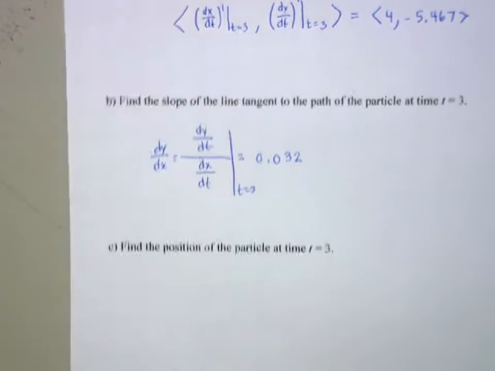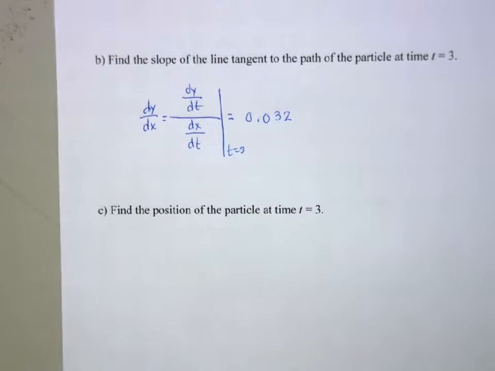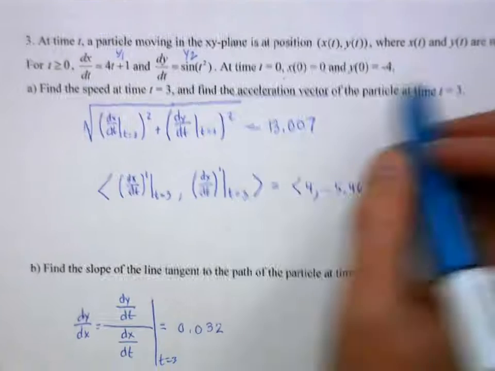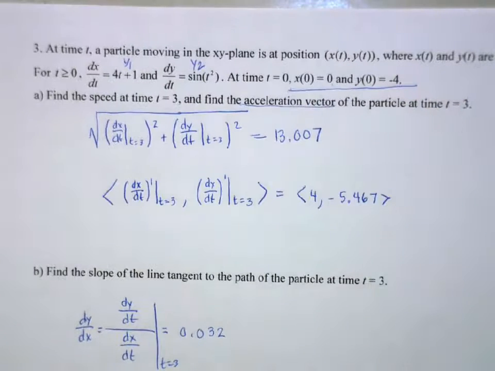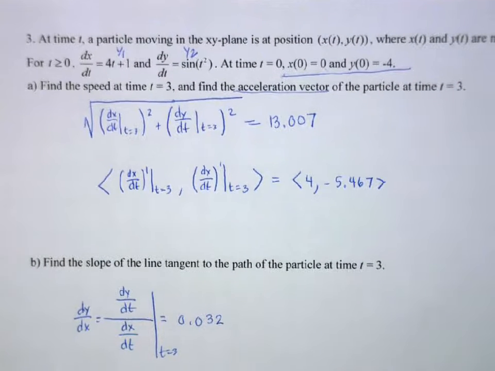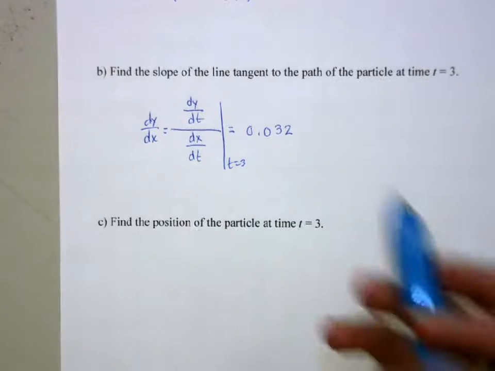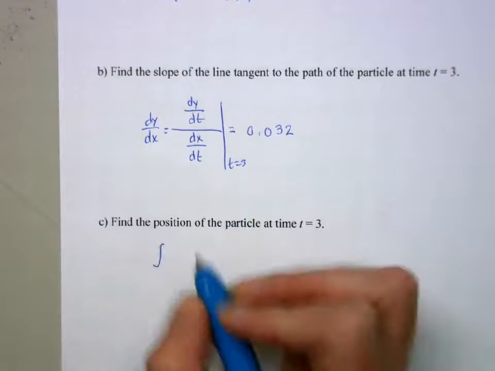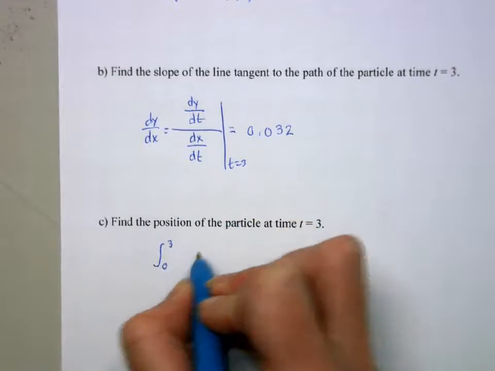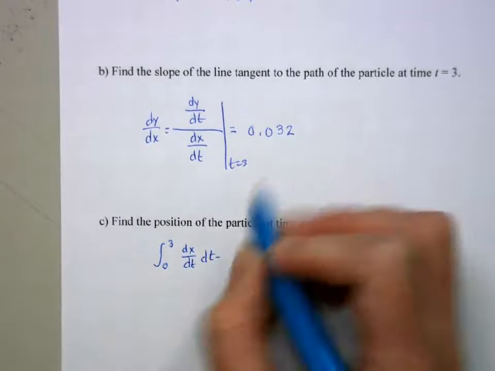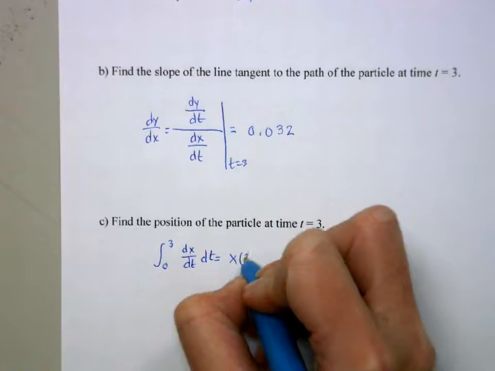And then finally, the position of the particle at t equals 3. Well, we're going to have to use our initial condition and the fact that we have the derivatives. So what we want is x of 3 and y of 3. So the integral from 0 to 3 of dx dt is going to equal x at 3 minus x at 0.